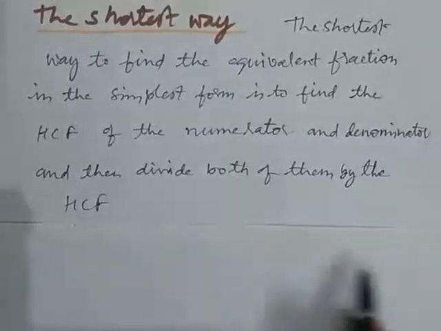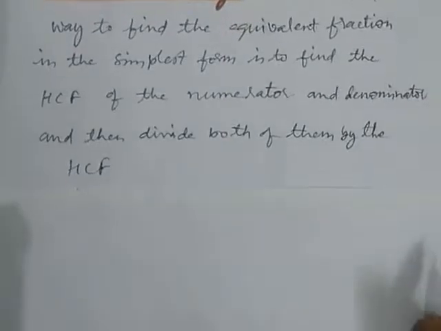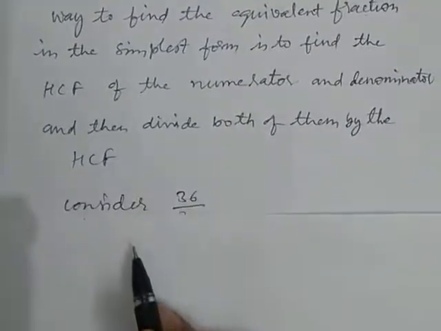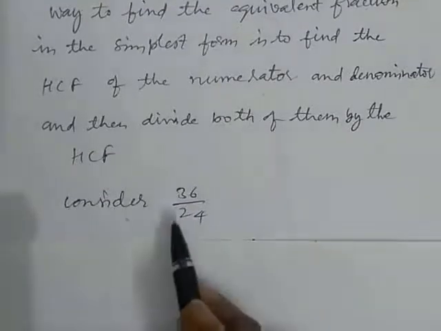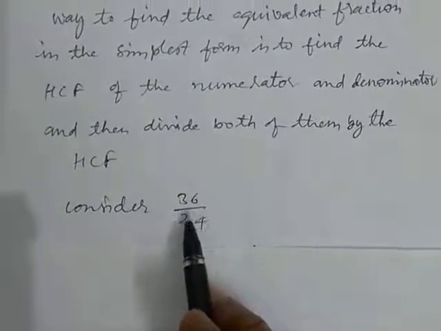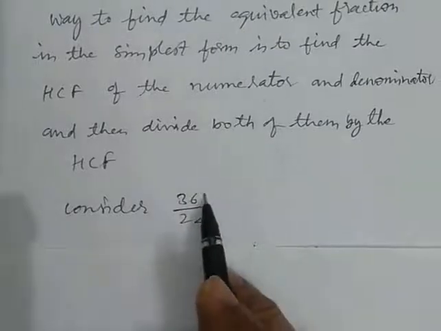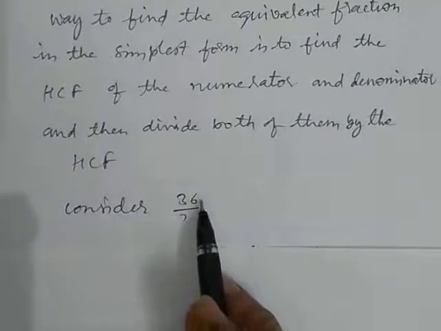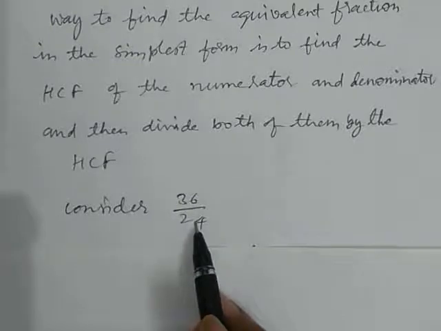This thing will be clear to you with the help of this example. Here is the example. 36 and 24, this is the numerator and this is the denominator. We want to get the simplest form of this fraction.